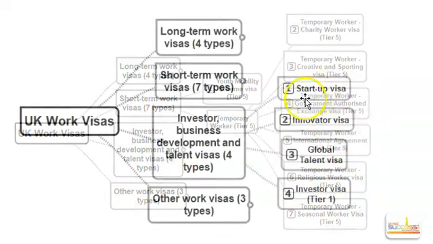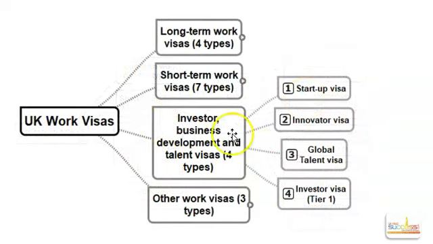The next 4 categories are for those who want to either invest in the UK economy, or they're businessmen, or they're very talented people. So the first one is the startup visa, only for 2 years, but after that you can switch to the innovator visa, where you can settle, and there is no limit on how many times you can apply to extend your visa in this particular immigration category.